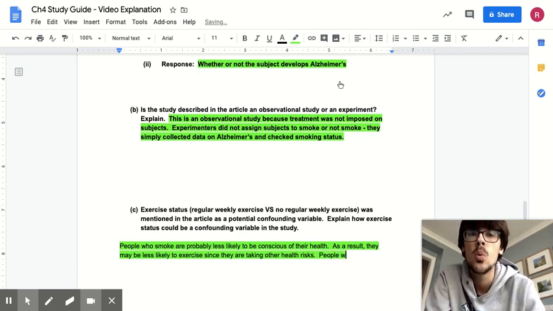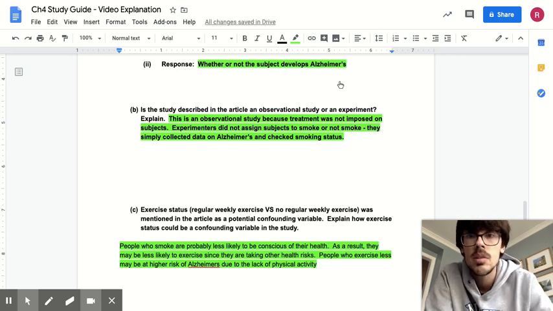People who exercise less may be at higher risk of Alzheimer's due to the lack of physical activity. Evidently, I can't spell Alzheimer's.